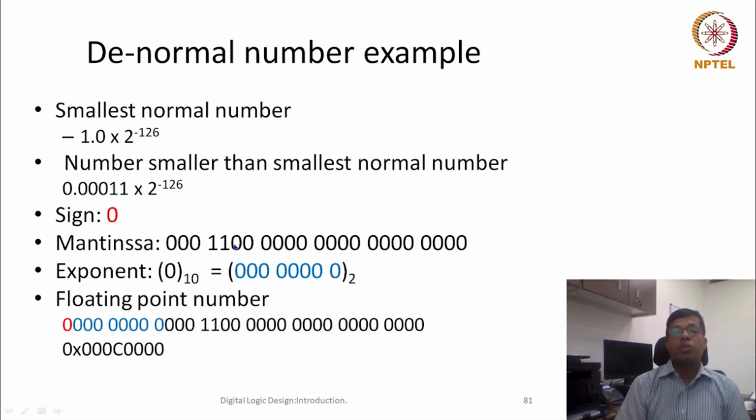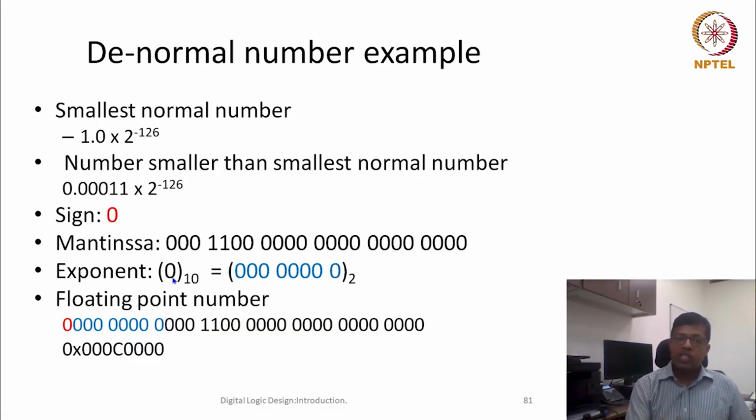Similarly, if I need to represent any other d-normal number, I can represent it in my floating point notation. This explains what is the smallest thing which we can represent, and how the exponent 0 can become a very special exponent, which can be used to express even smaller numbers.